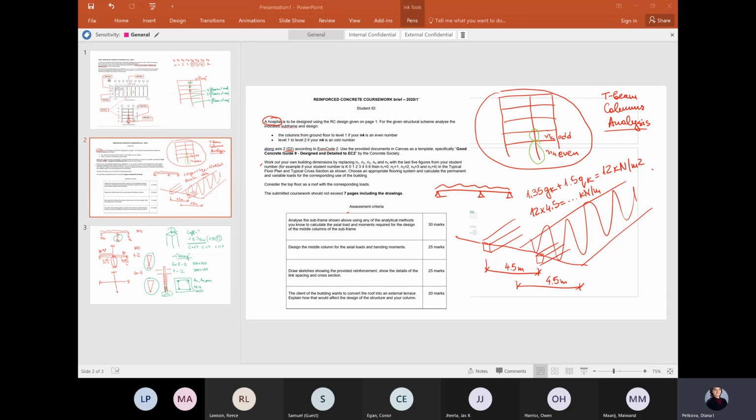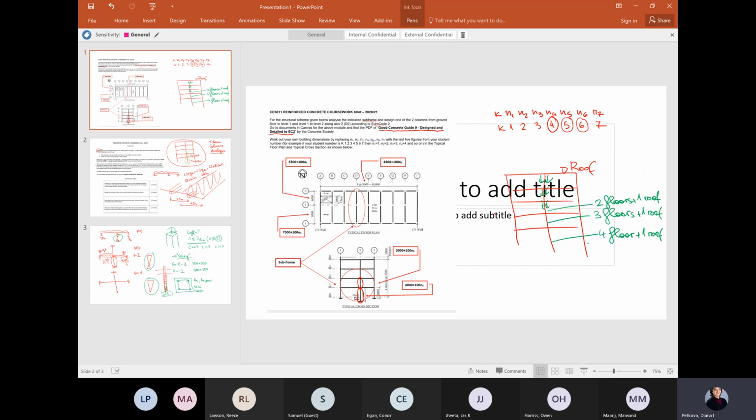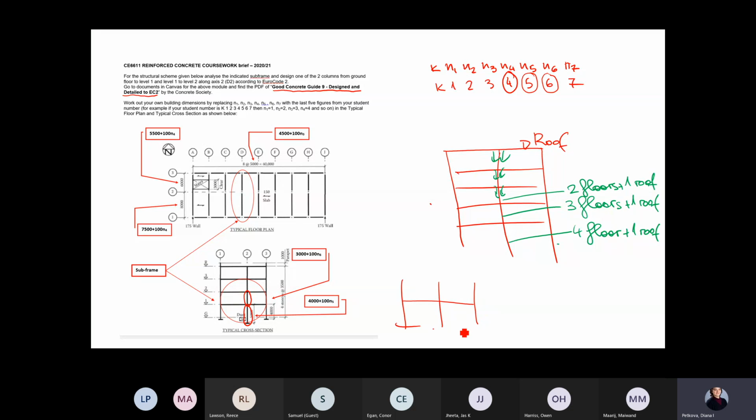You have options like, where are we? Here, I'd say we're here. You'll have options like this subframe for the column and for the beam.